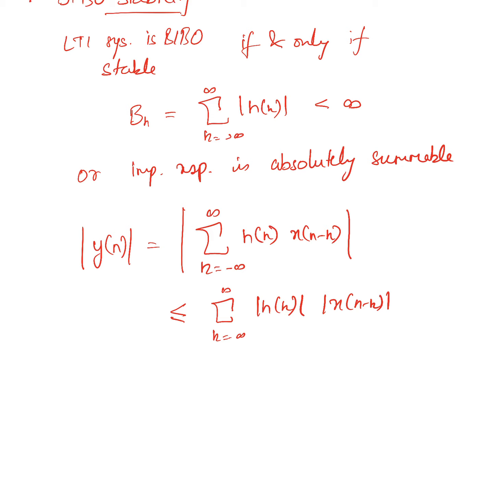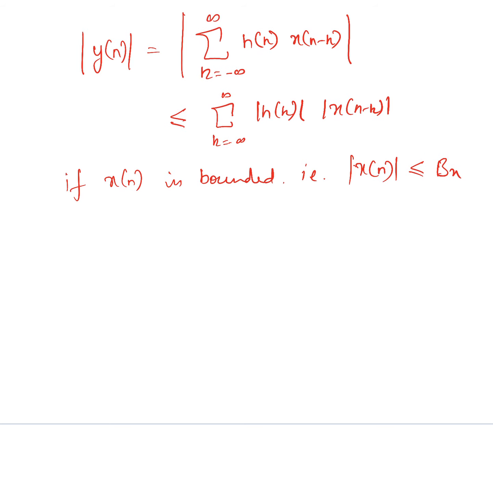Now if x of n is bounded, that is, mod of x of n is less than or equal to some finite number Bx, then the above expression can be simplified to mod of y of n less than or equal to Bx Bh, because this condition strengthens the expression on the right hand side.